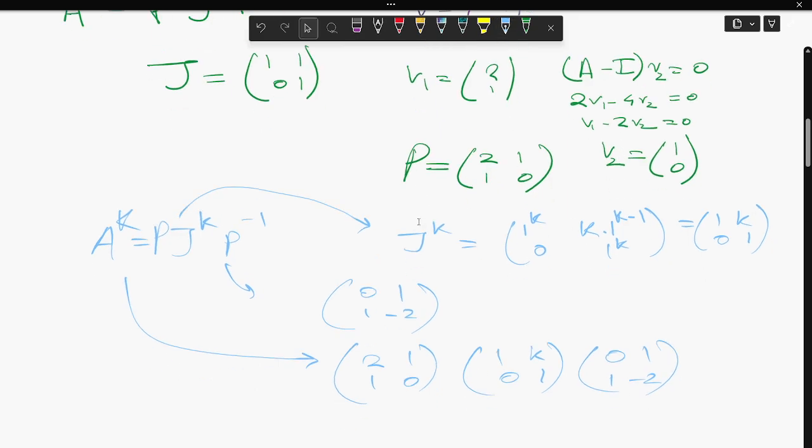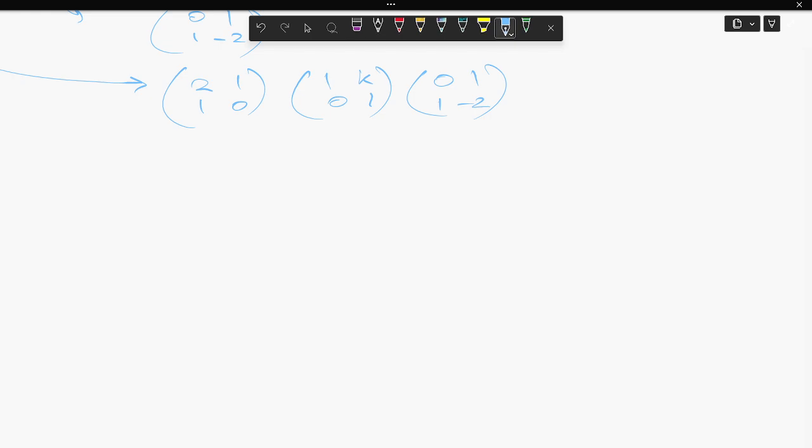Firstly we multiply the first two matrices. We compute this matrix multiplication, and we get 2 into 1 plus 1 into 0, then 2 into K plus 1 into 1, and then 1 into 1 plus 0 into 0, and 1 into K plus 0 into 1.